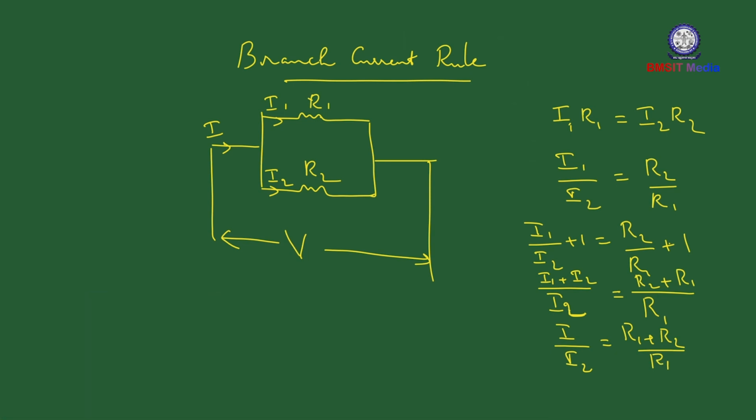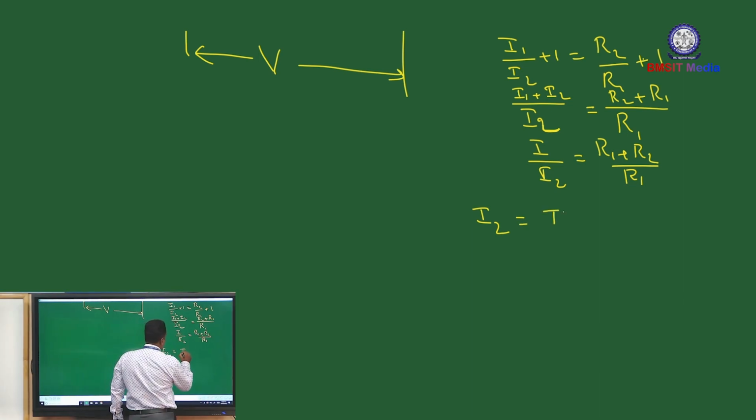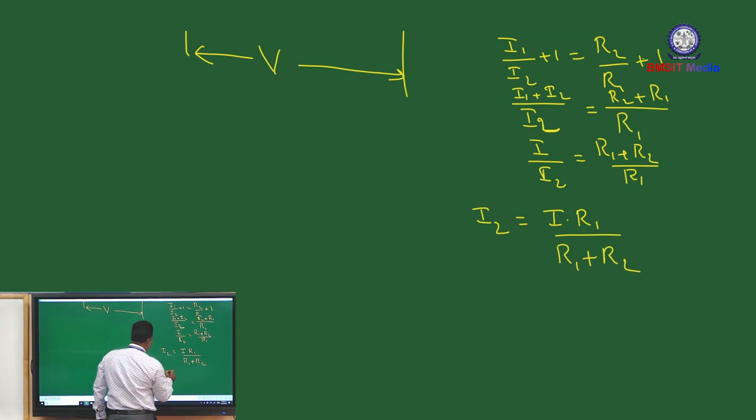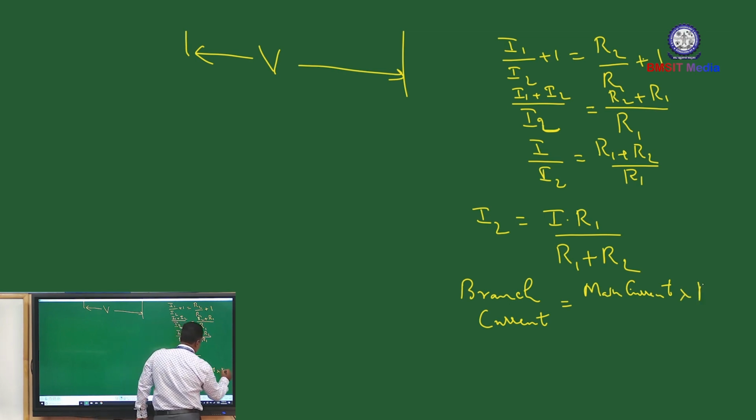So this current I2 is equal to main current into resistance of the other branch divided by sum of the resistances. So branch current is equal to main current or total current into other branch resistance divided by sum of the resistances.